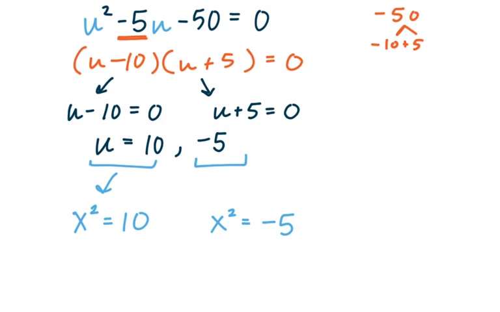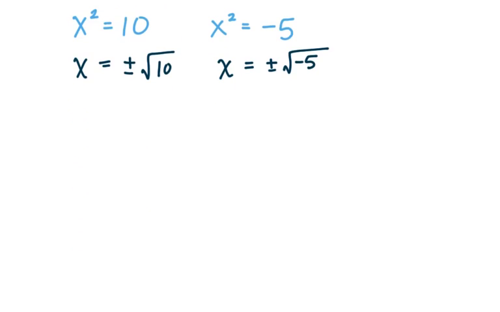And remember, if we use a square root to solve, and I take the square root on both sides of the equation, we must write a plus or minus. So this is going to end up being x equals plus or minus the square root of 10, as well as x equals plus or minus the square root of negative 5.